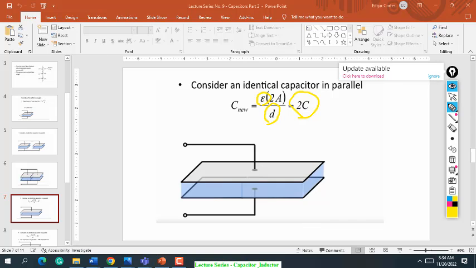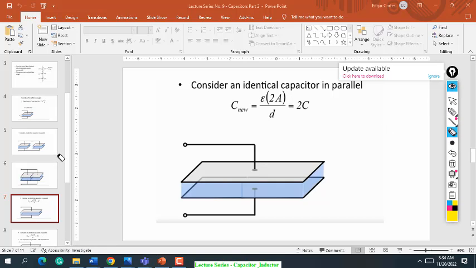So what I'm emphasizing in this lecture is that if we have two identical capacitors, it's just like combining two capacitors into one big capacitor, and the capacity is 2C, or twice the capacitance of the first capacitor.